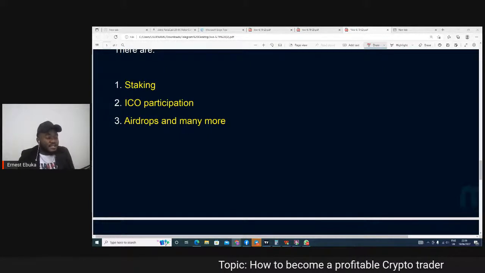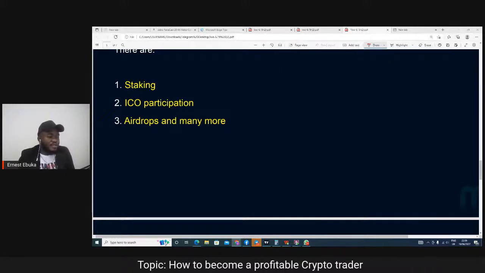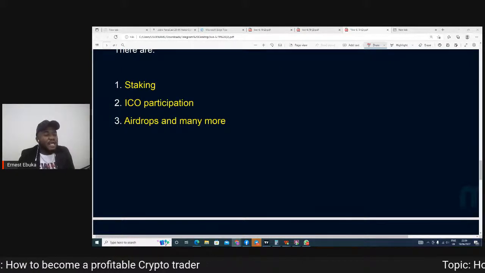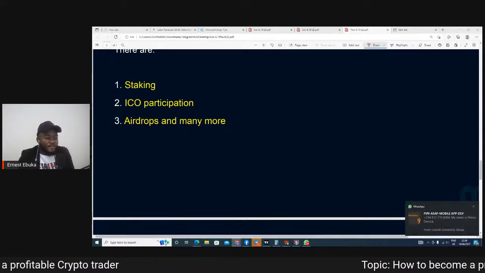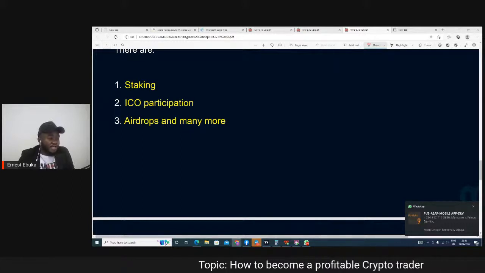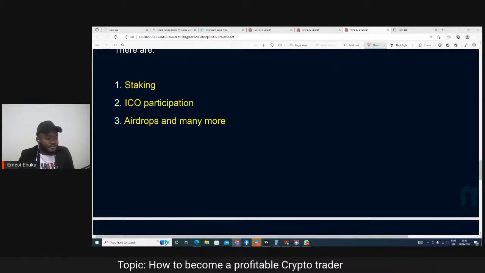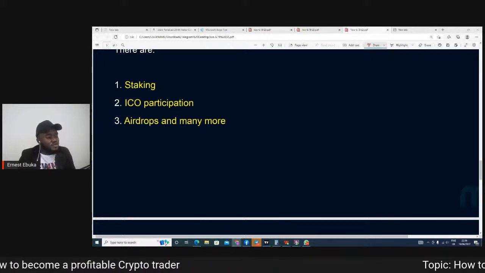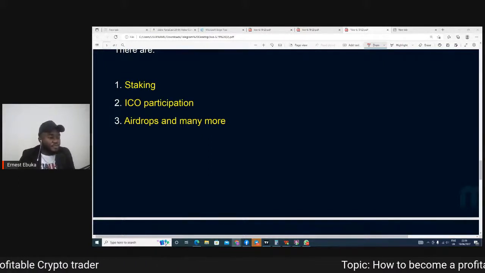So there are legit airdrops. There are some communities you will join, and what they will be giving you are airdrops with money. There are airdrops that pay 1,000, 2,000. So finding good airdrops will also help you to be a profitable crypto trader.